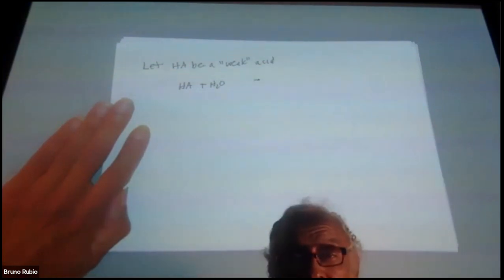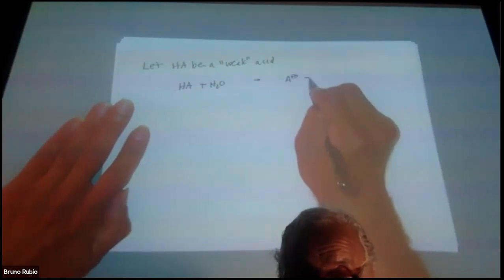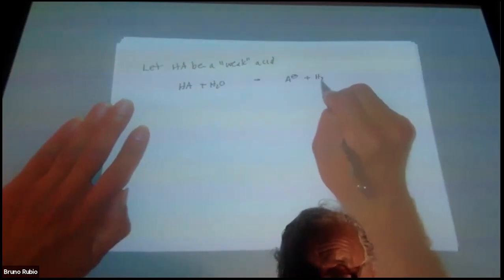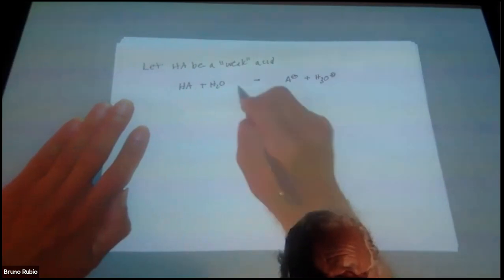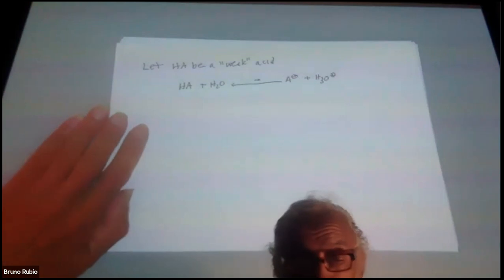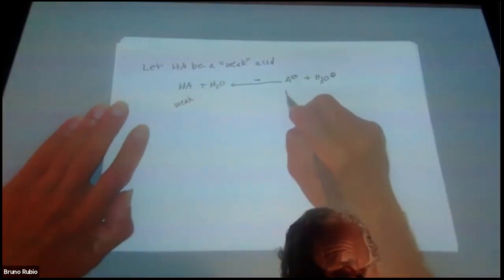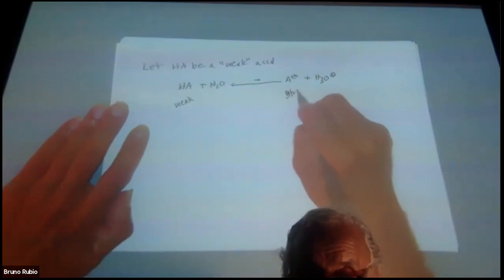So I'm going to write a tiny little wimpy arrow in the direction of product formation. But since it's an equilibrium process, the back reaction will be very strong. So when HA is a weak acid, its conjugate base is a strong base.